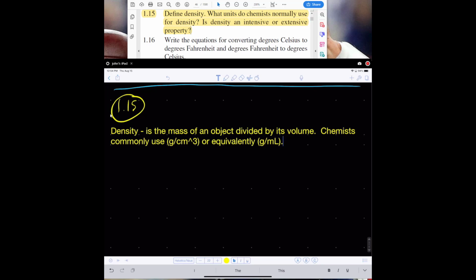come up with the density using centimeters, and they give you measurements in centimeters, go ahead and report the density as grams, or whatever it is that they're using, over the centimeters cubed.